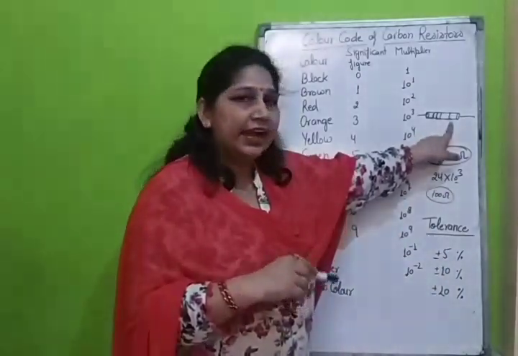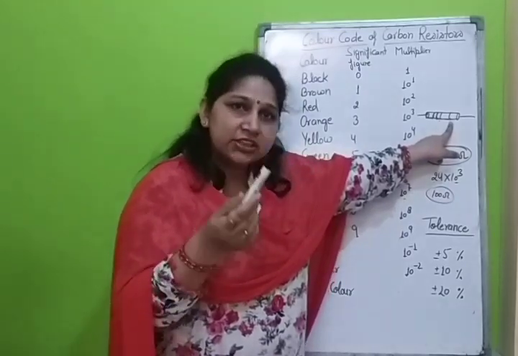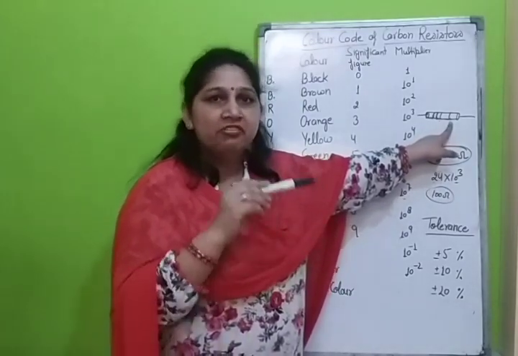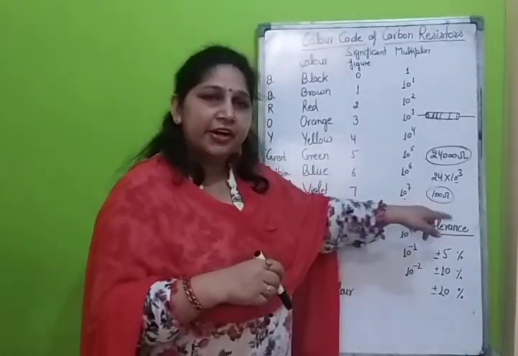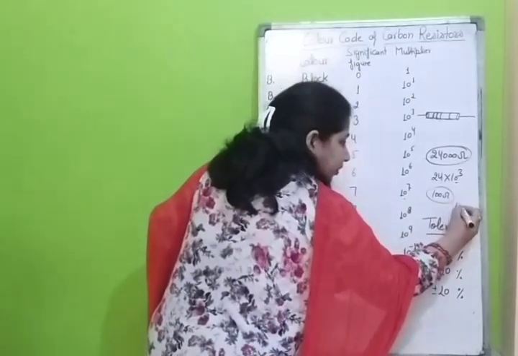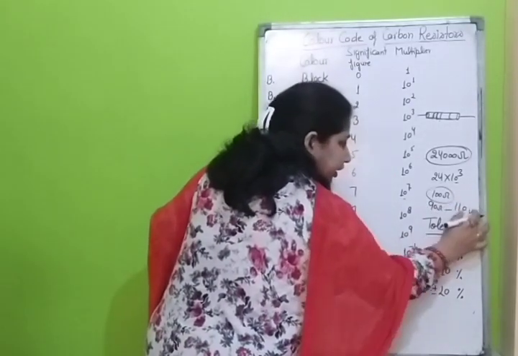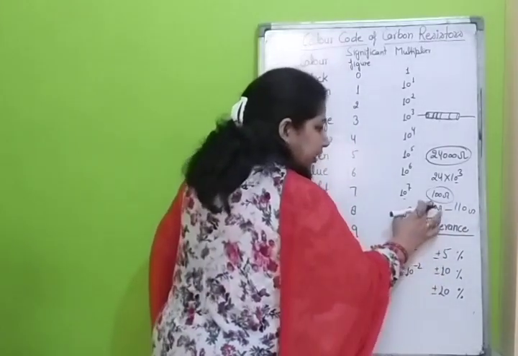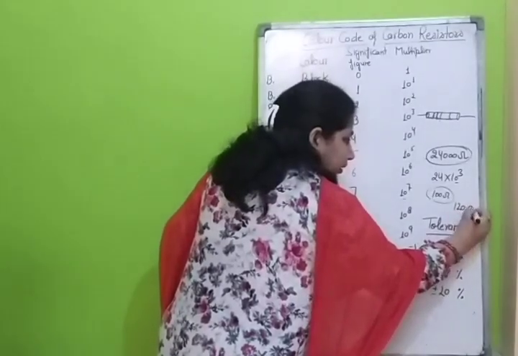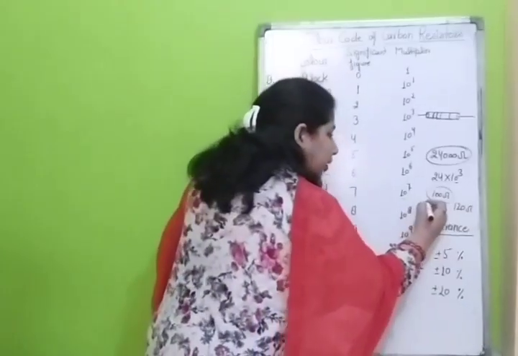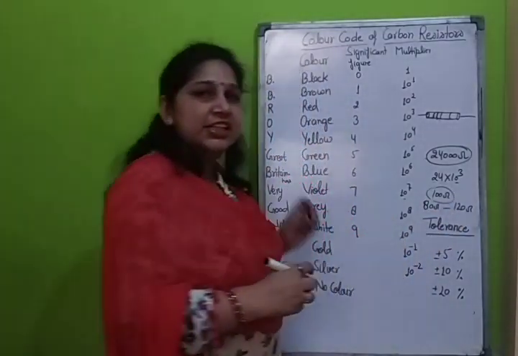It means the fourth line indicates the resistance tolerance, how much it can increase or decrease when connected in a circuit. Suppose we have a 100 ohm resistance and it behaves like 110 or 90 ohm. Then it has a tolerance of plus minus 10. If we have a resistance of 100 ohm and it behaves maybe like 120 ohm or maybe 80 ohm, which resistance will you pick?